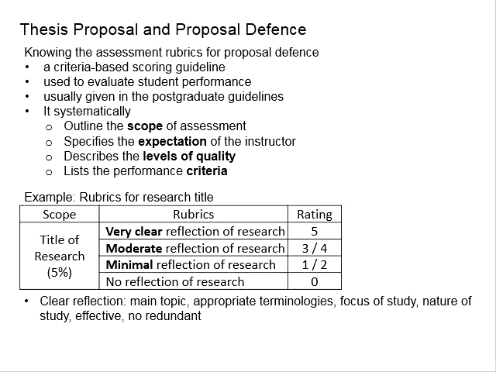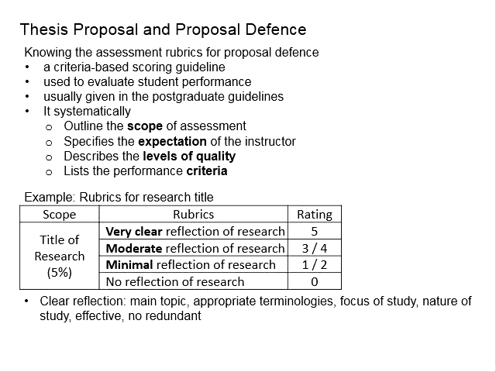You can consider this as a systematic set of rules as a means to quantify the quality of your research work. It is basically a criterion-based scoring guideline, which is used to evaluate the student's performance and is usually given in the postgraduate guideline. That means normally it is transparent to the students, allowing students to know the relevant standards of the assessment.